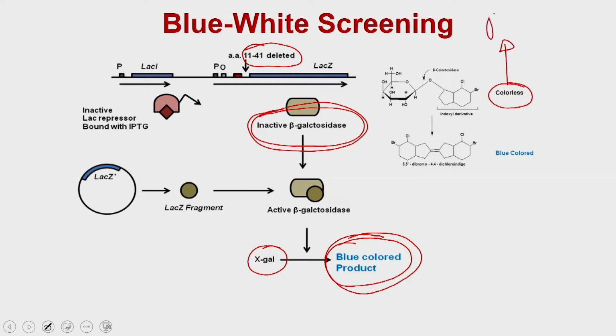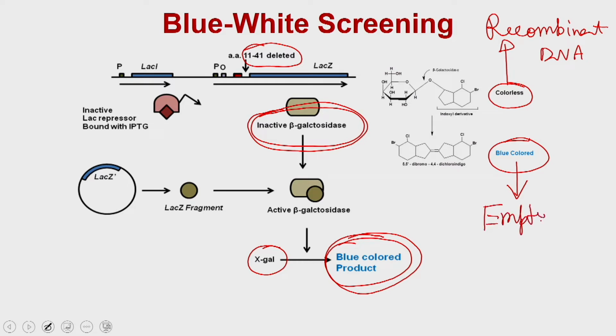So, the colorless colonies are the colonies which have the recombinant DNA, whereas the blue colored colonies are the colonies which have only the empty vector, because the empty vector has the functionally active alpha peptide. If you stain the cells along with X-gal, you will see blue as well as white colonies.